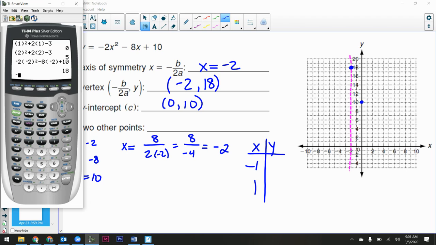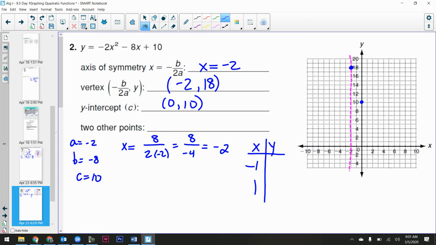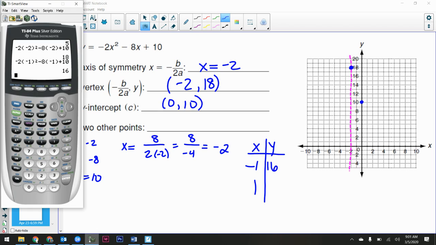So we have -2 times -1 squared minus 8 times -1 plus 10, 16. And then we have 1, -2 times 1 squared minus 8 times 1.